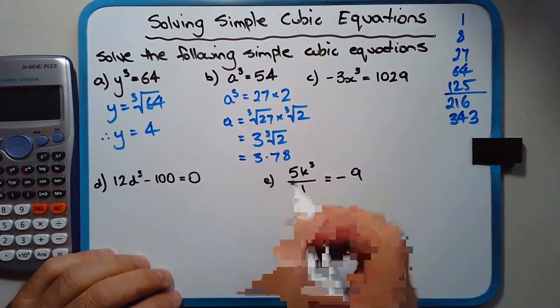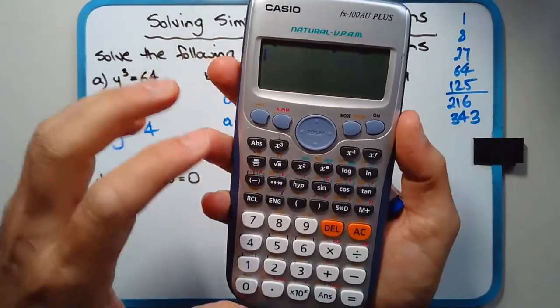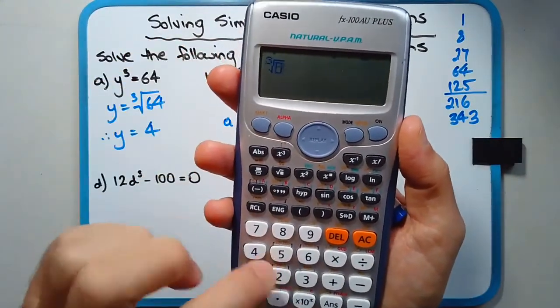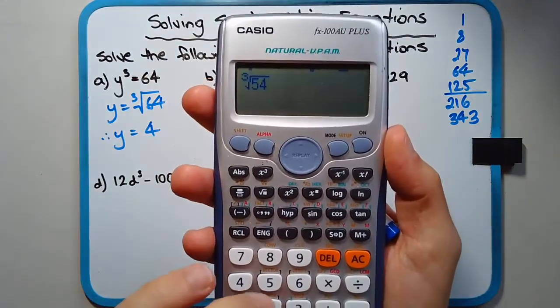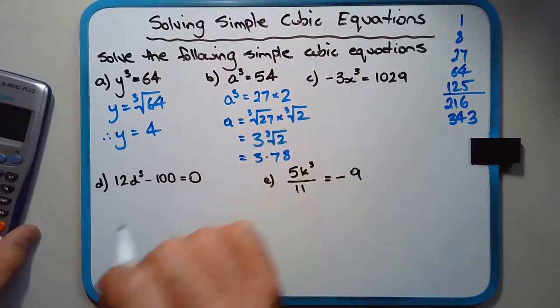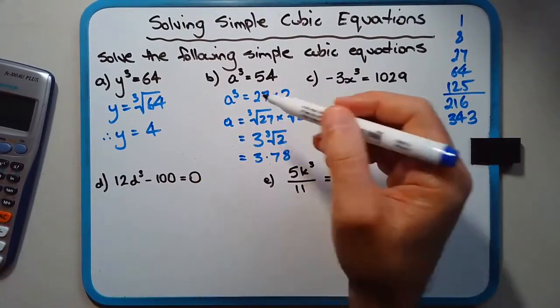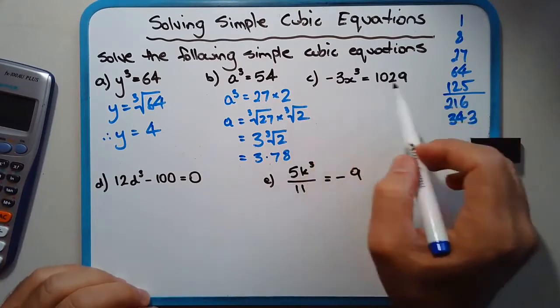Or if you don't want to go through that whole rigmarole, you could just type in cube root of 54 and you get the answer that way. But I did this just to demonstrate that cube roots work in a similar fashion to square roots.